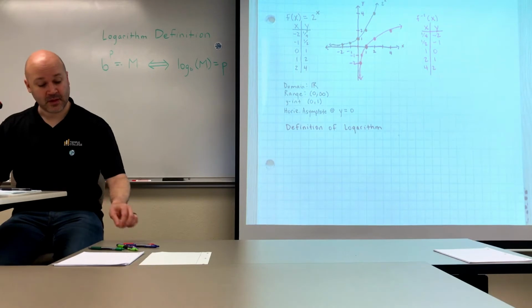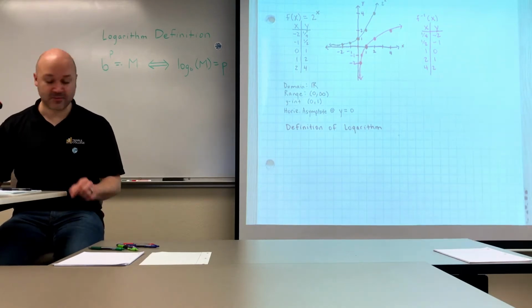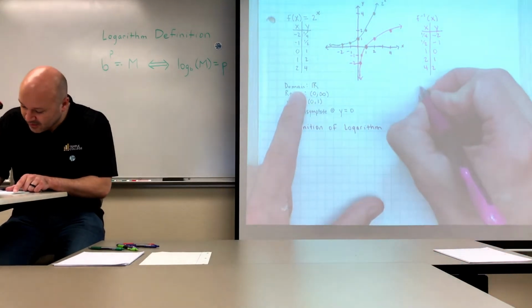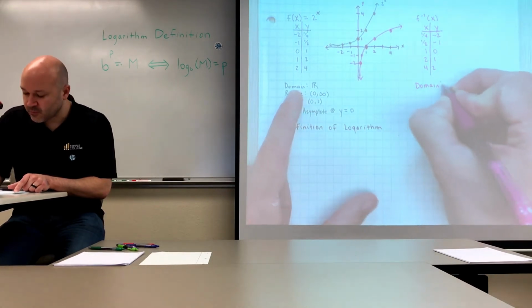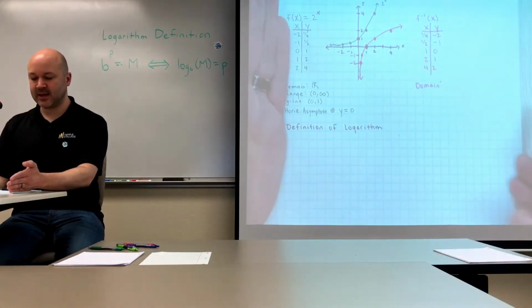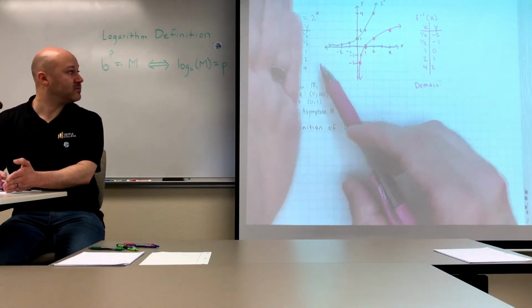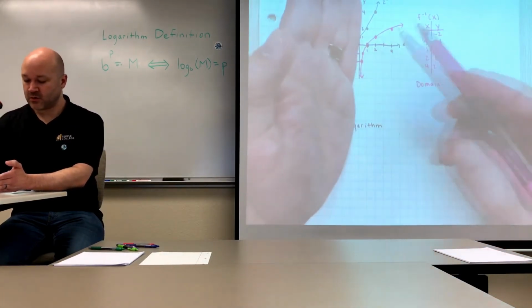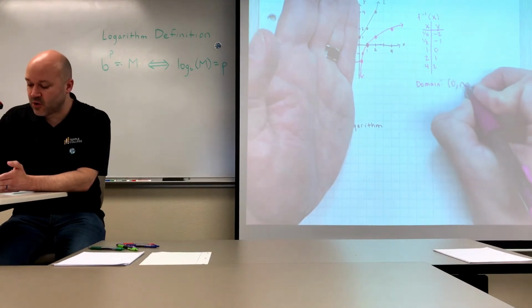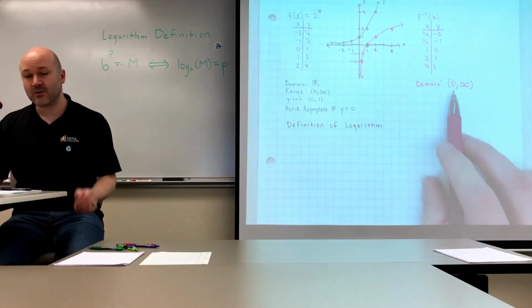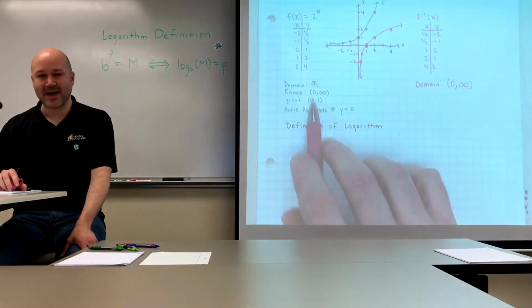All right. Now, everything has been swapped. So the domain, I have a new domain now. And just looking at it, I can see I've got no negatives. I'll never touch 0. So I must start on the positive side of 0 and then go out to infinity. And notice that was the range of my exponential.